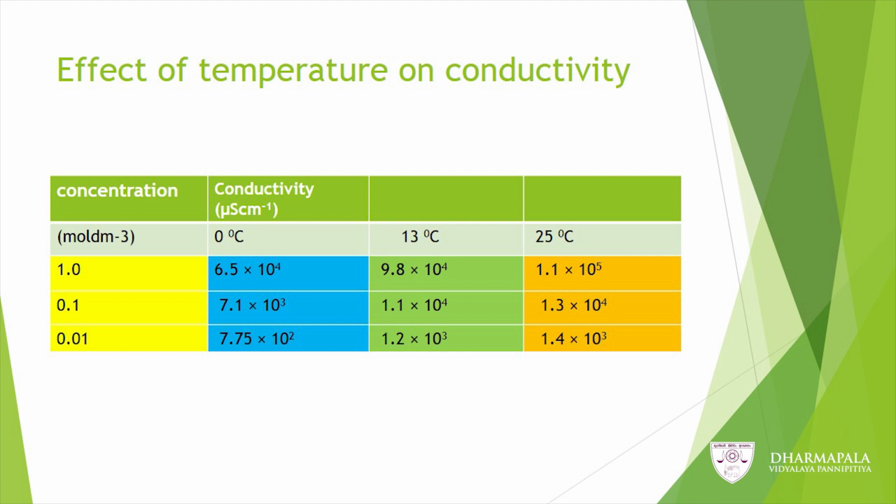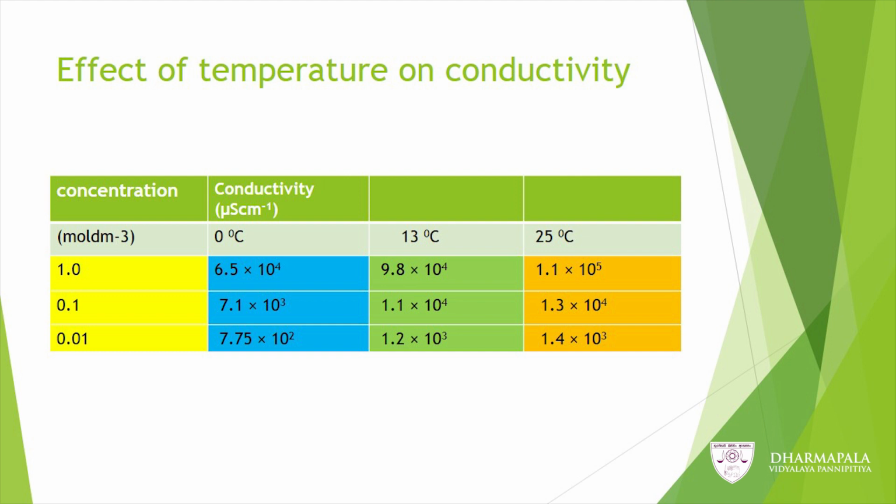At 0 degrees Celsius, it is 6.5 × 10^4 microsiemens per centimeter. At 13 degrees Celsius, 9.8 × 10^4 microsiemens per centimeter. At 25 degrees Celsius, it is 1.1 × 10^5 microsiemens per centimeter. So there you can see, with the increase of temperature, conductivity has increased. For 0.1 mole per cubic decimeter, the same situation.